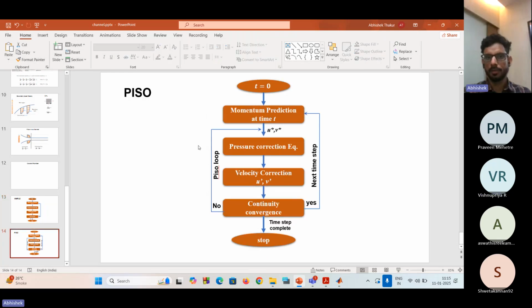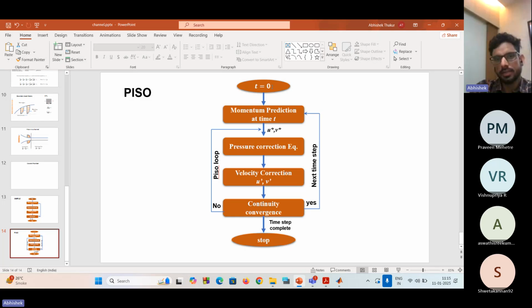Okay. In PISO, we want the solution at each time. It is a transient simulation. For example, if you have time from 0 to 100, you want to know the exact flow field at each and every time. So in this we have a little bit of difference.